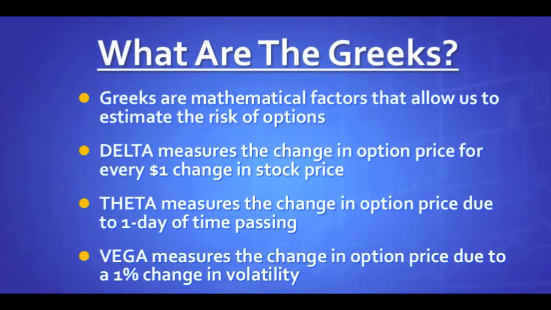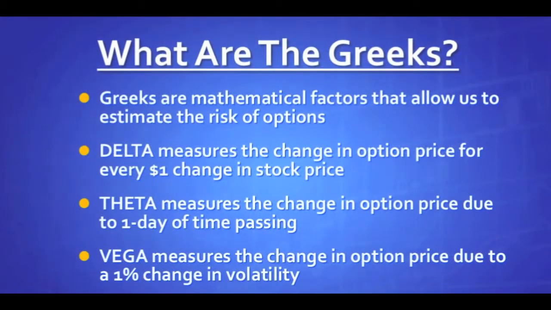Theta measures the change in an option price due to 1 day of time passing. So what happens is the time value of the option will decline a certain amount for every day that passes, so it's a negative number. And finally, we have vega, which measures the change in an option price due to a 1% change in the volatility of the underlying security, or the implied volatility.